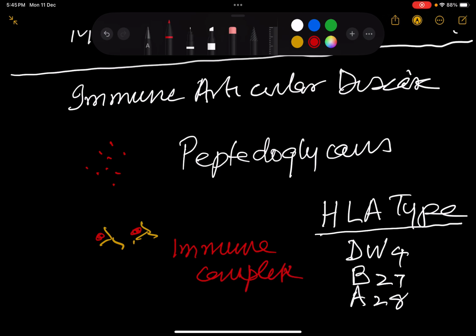So infection by peptidoglycan positive organisms like Yersinia, like Shigella, like other peptidoglycan positive organisms with these antigens in particular types of individuals. Now this combination will cause the problem.